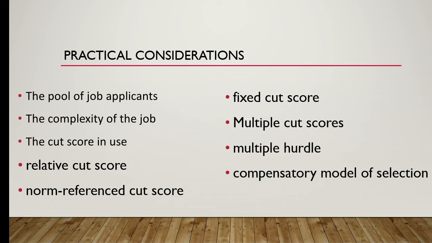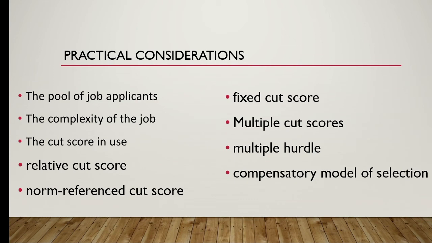Of course, we may also speak of multiple cut scores being used in an evaluation that entails several predictors wherein applicants must meet the requisite cut score on every predictor to be considered for the position. At the various stages in a multi-stage or multiple hurdle selection process, a cut score is in place for each predictor used.